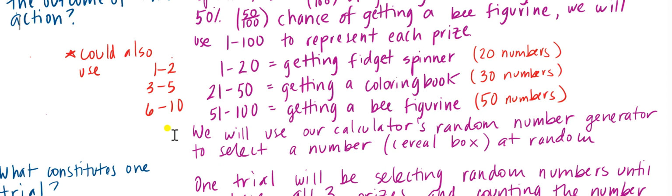If I was looking at the simulation for having kids, I would say I will flip a coin. Landing on heads will represent having a girl, and landing on tails will represent having a boy. That is all I would need to say for that particular simulation. So that's this section of your description of your simulation.